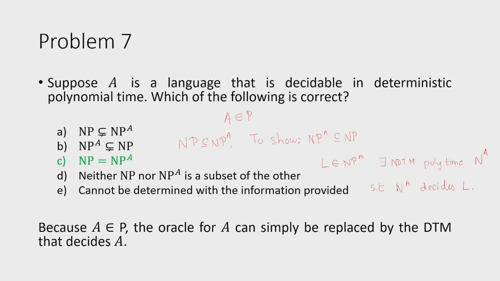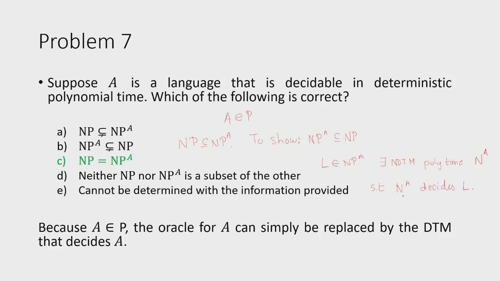It can query the oracle of A, but A is in P, right? So what you can do is, whenever N queries A, you can simply invoke the polynomial time algorithm that solves A and return the solution of that algorithm as the answer of the oracle. So basically you can replace the oracle with a polynomial time algorithm.